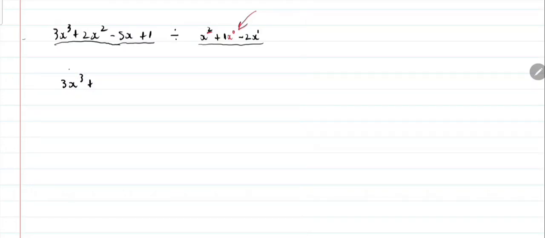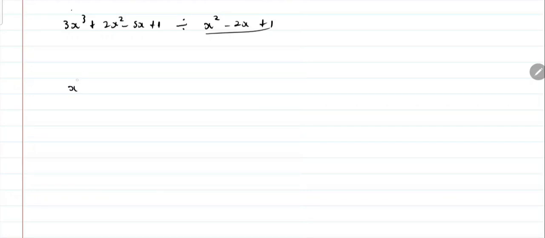But the dividend is in standard form, as you can see. I'm going to swap the 1 and the minus 2x. Divisor goes on the outside. Divisor, I have x squared minus 2x plus 1. And my dividend goes under the symbol, right?